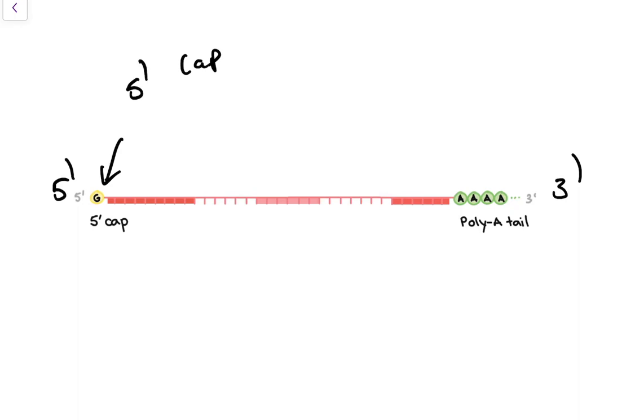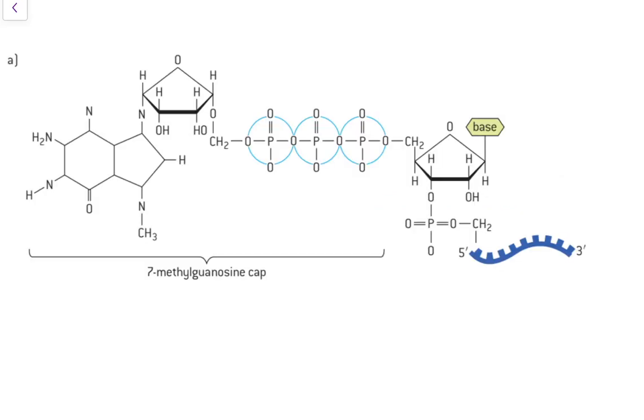And then down at the 3', you can see we've got A. So we've got the nucleotide, we've got a poly means many, we've got a many A tail, a poly A, 3' tail. Now don't get overwhelmed by this, we don't need to draw this structure, it's just to show you what it is. So the first thing is, you have a 5', and we can summarize it as a methyl cap.